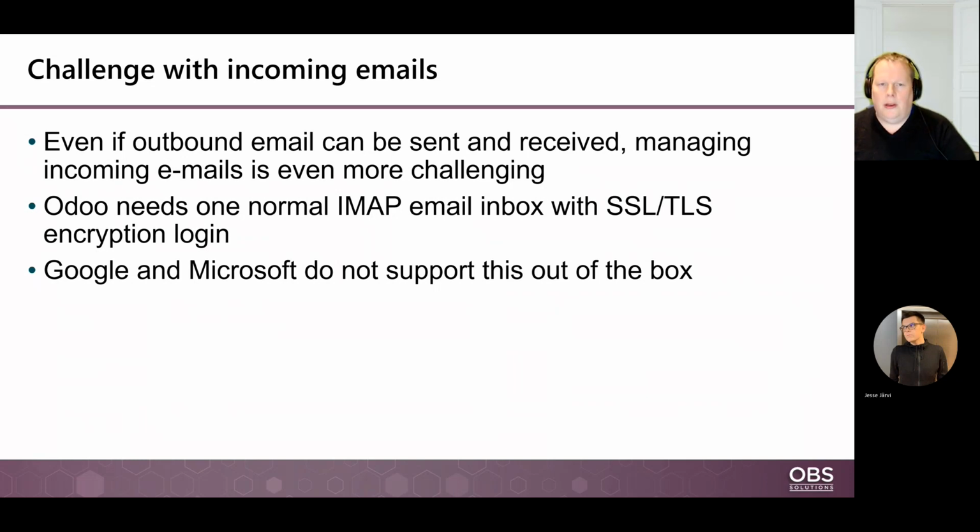Well, Odoo relies on having one normal IMAP email box where SSL/TLS encryption is enabled. And this is now the challenge, that Google and Microsoft do not support this out of the box. So even though we may be able to get the emails out, getting them in is another challenge. But don't worry, we have found a solution and we are going to explain it to you in the next few minutes.